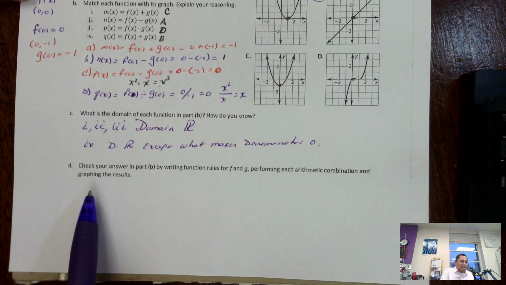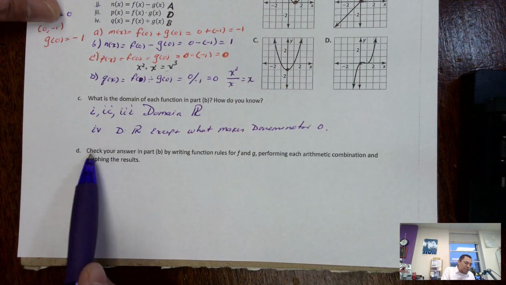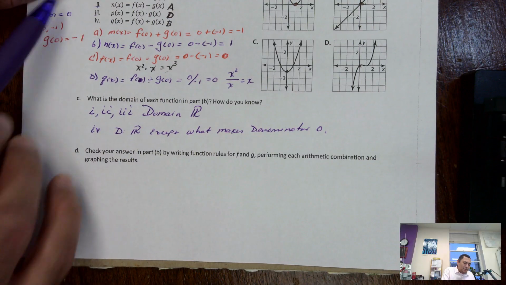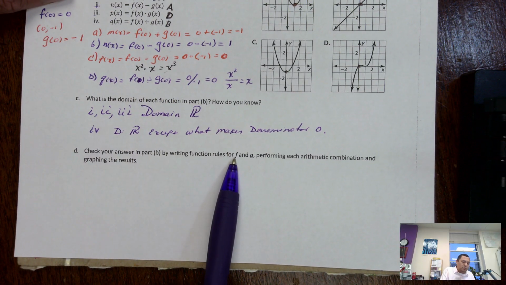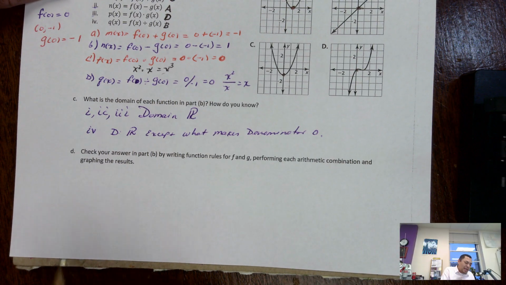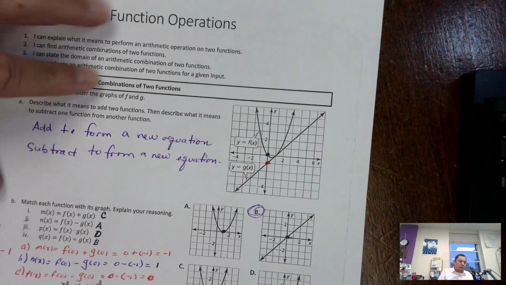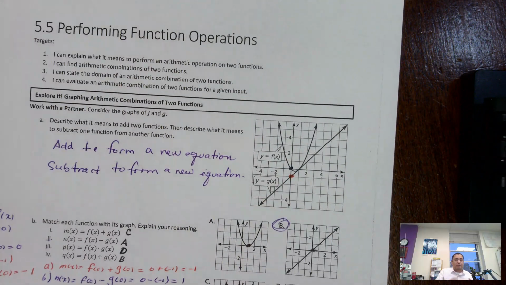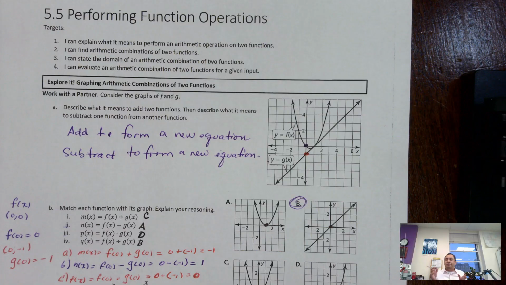Now on D, they're asking, check your answer in part B by writing function rules f and g, performing each arithmetic combination, and graphing the results. Now what we did here was a rough draft of the graph, like the parent function.